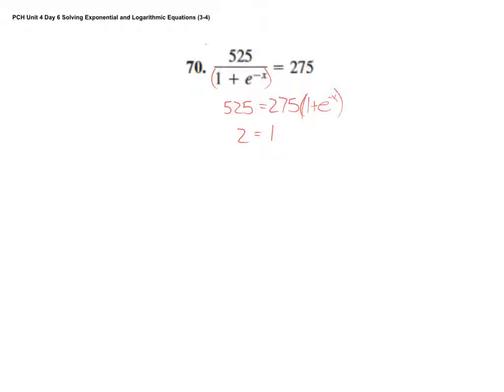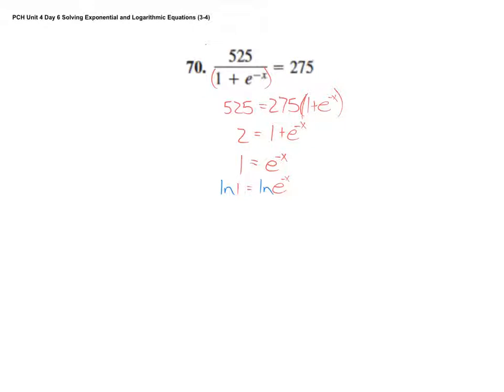So 2 equals 1 plus e to the negative x. We still don't have the exponential part isolated, but if we subtract 1, we will. So e to the negative x equals 1. So now, since it's e, we're going to take the natural log, because that's a log base e, of both sides.